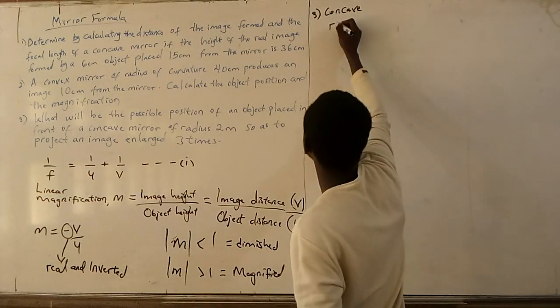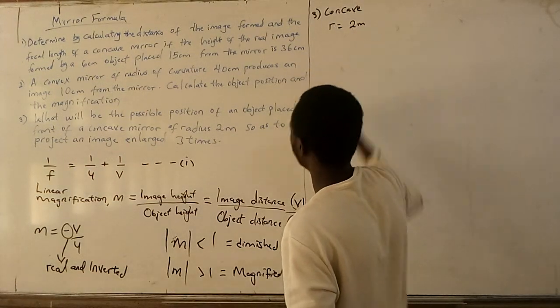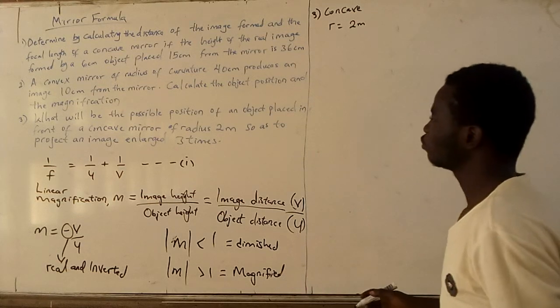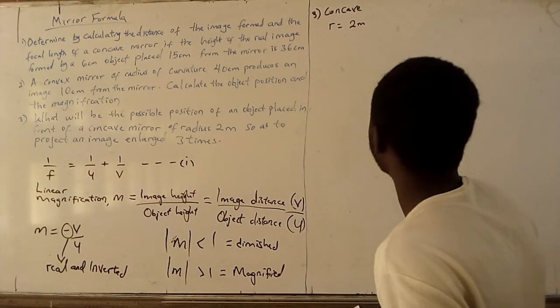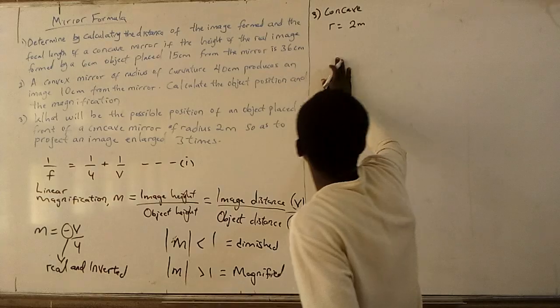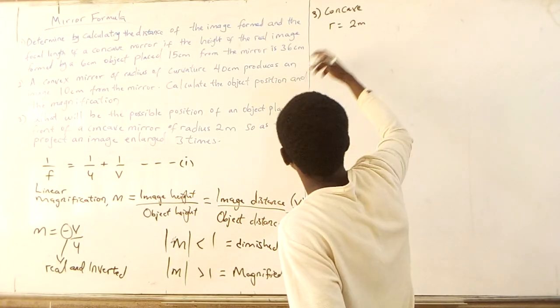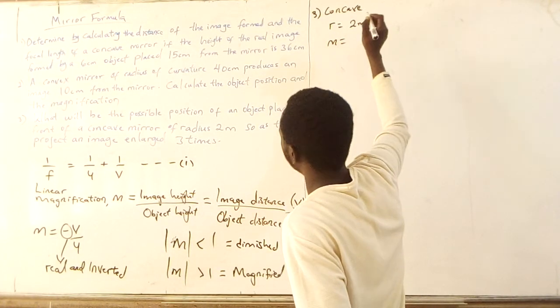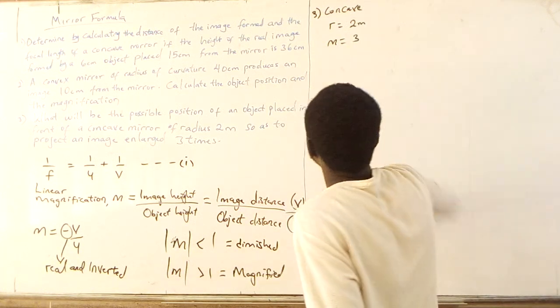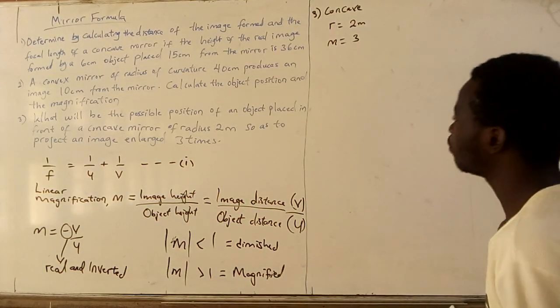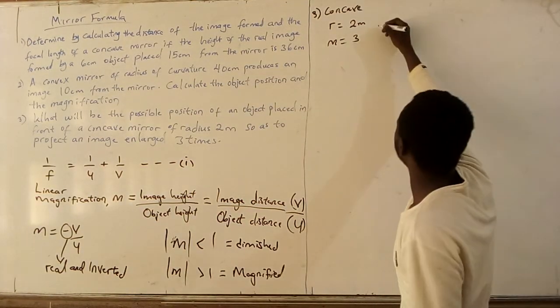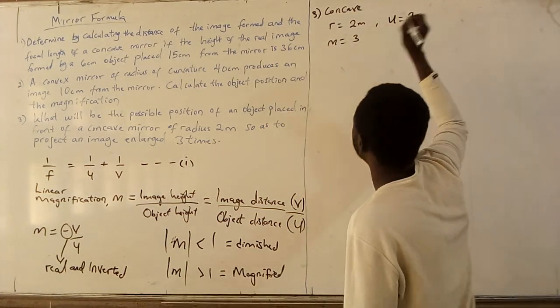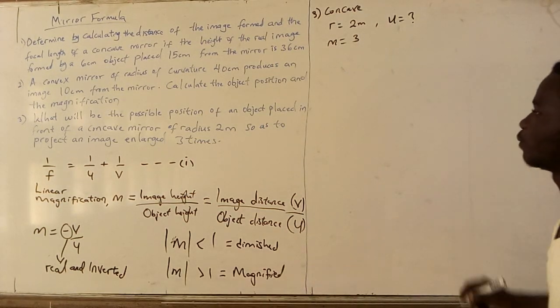We are given the radius of curvature to be 2 meters, so as to project an image enlarged 3 times. When you say an image is enlarged 3 times, we're talking about the linear magnification, which is 3. So what will be the position of the object? We're looking for the position of the object, which is U.